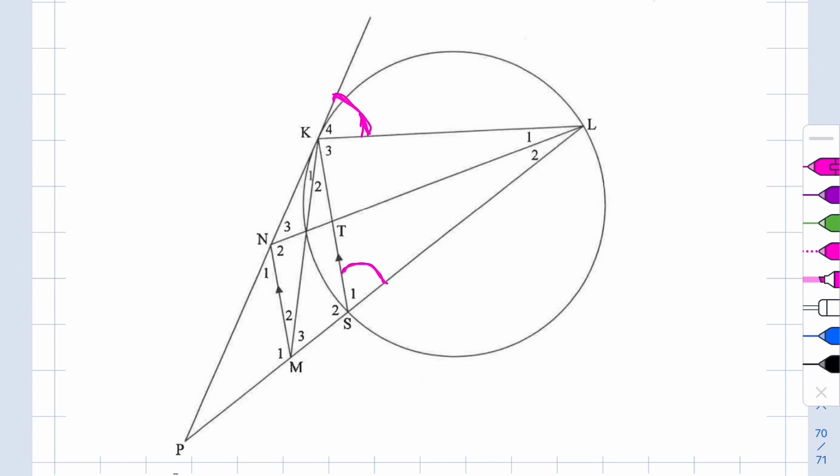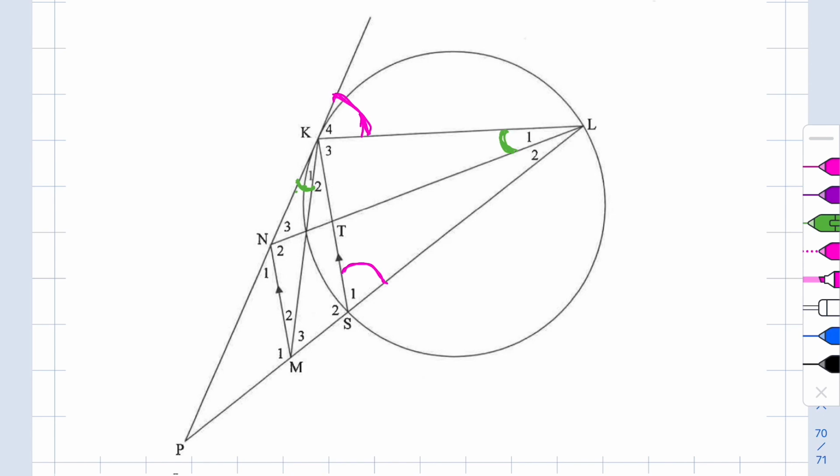Another one for tan chord, it's the angle between the same tangent and this chord, which is K1. So angle K1 is going to be equal to the angle subtended by this chord, which will go like this and that. The angle subtended by that chord is going to be L1. So L1 equal to K1 by tan chord theorem.